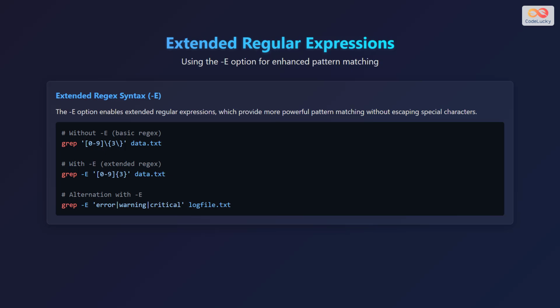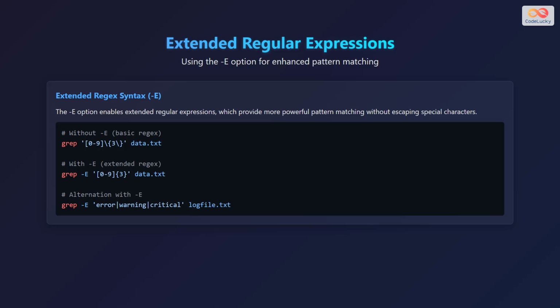Now let's explore extended regular expressions, using the -E option for enhanced pattern matching. The -E option enables extended regular expressions, which provide more powerful pattern matching without the need to escape as many special characters. Without the -E option, which signifies basic regular expressions, you must escape curly braces with a backslash.